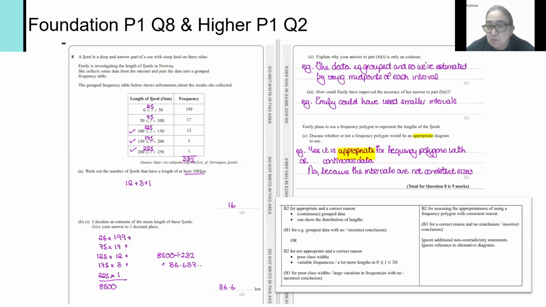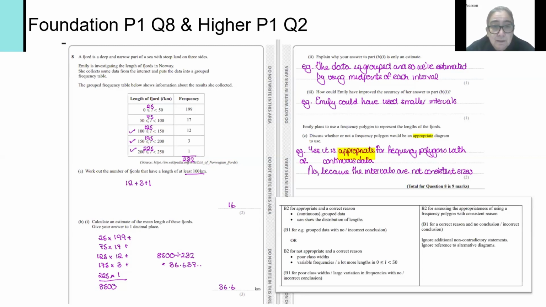Very few students were able to give two sides of an argument. And very few also recognised that because of the large frequency variation, 199 to 1, frequency polygons might not be suitable.